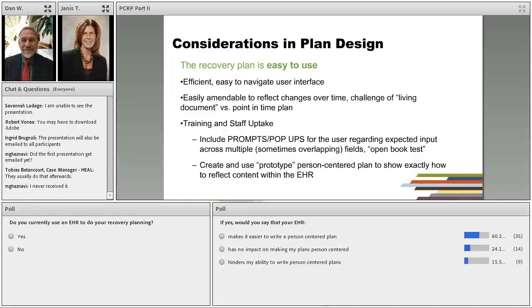On the other hand, it's kind of a living document, something that's constantly changing. So something may happen in the person's life. There could be a significant life event. Somebody may reveal to you, after being in treatment for some time, that they're involved with substances. You never knew this before. You need to change the plan. How easy is it to get in and update that plan and still be able to, once you've updated, have that whole point-in-time plan where I can still get today's plan?